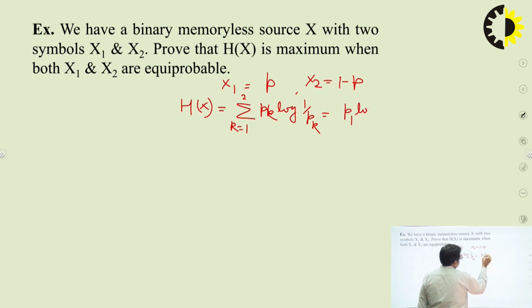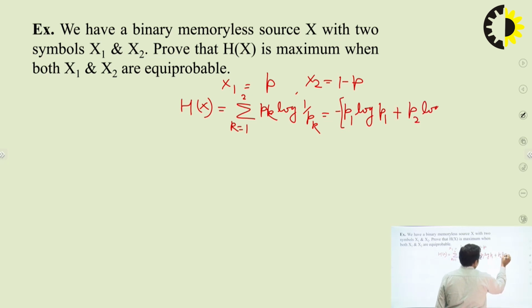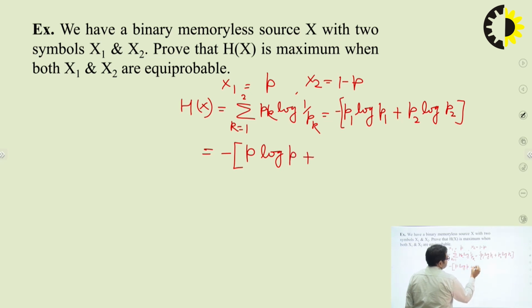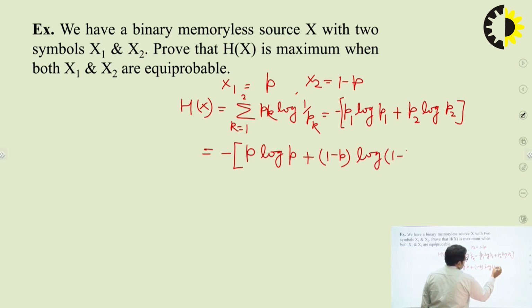We can write P1 log 1 by P1 plus P2 log 1 by P2, and this equals minus P log P plus (1 minus P) log (1 minus P).